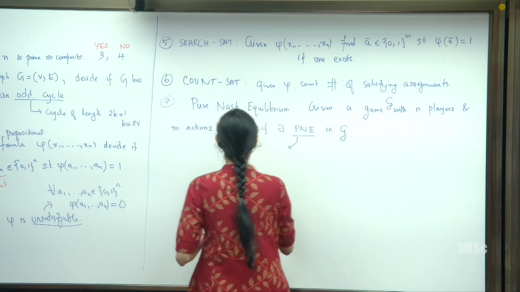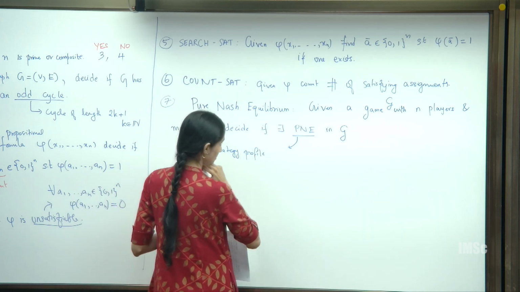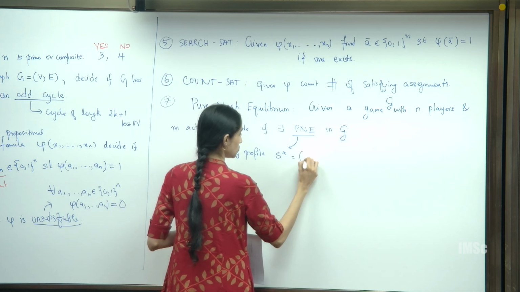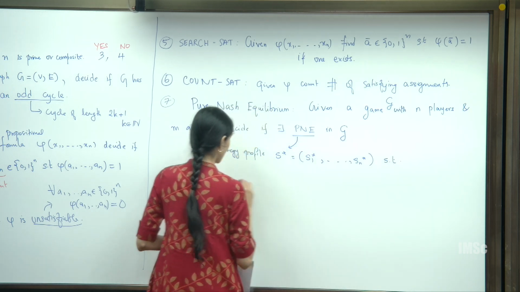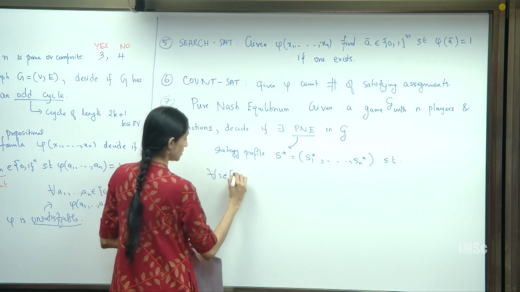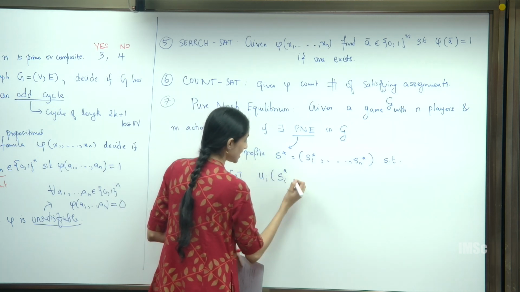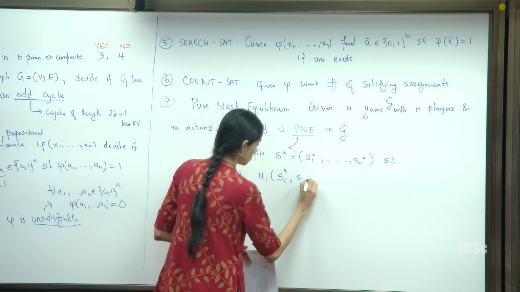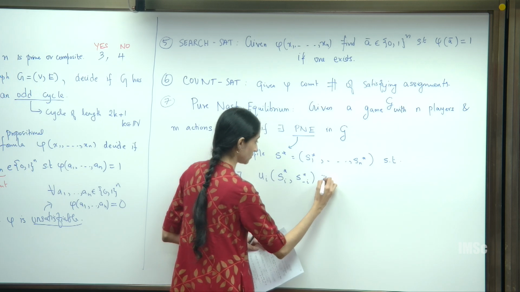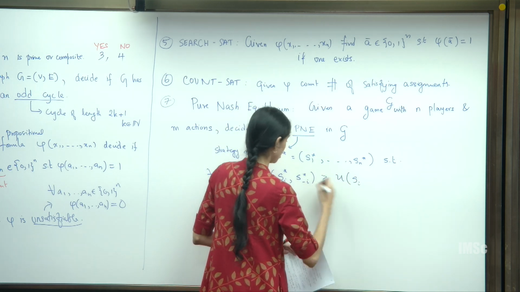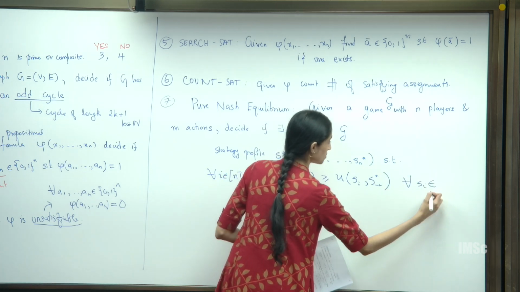So a pure Nash equilibrium is a strategy profile. It's exactly what you said, right? A strategy for all the n players such that for every player i in 1 to n, if he selects s_i star as the strategy and the rest of them use their strategies, this is at least as good as choosing anything else, where S_i is all the possible actions he can take.